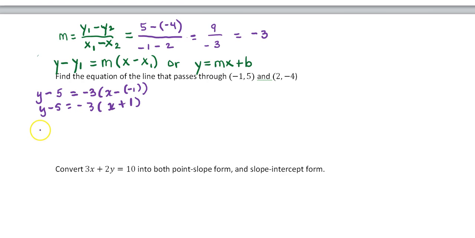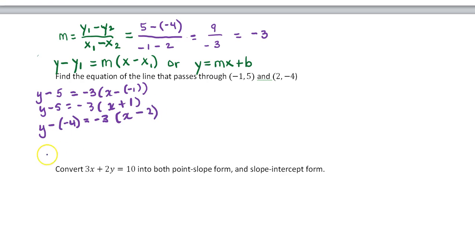All right, my other alternative would be to say y minus negative 4 equals negative 3 times x minus 2.